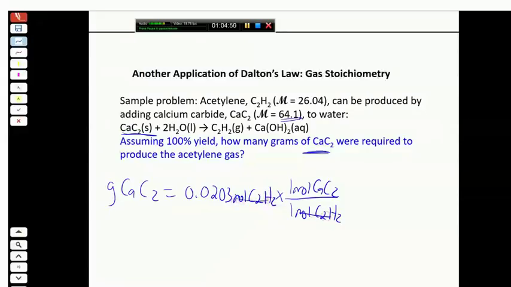So we need that many moles of calcium carbide, and then to convert that back into a mass, we use its molar mass, which is 64.1.